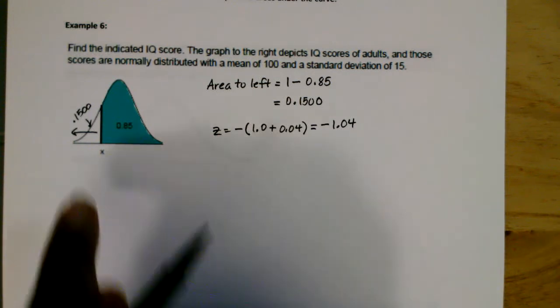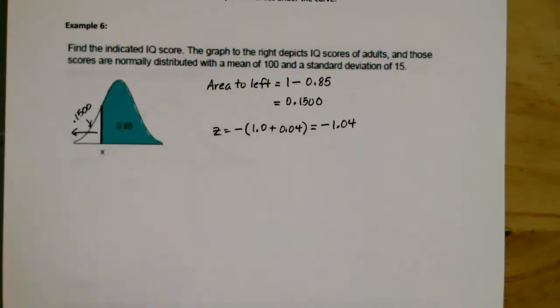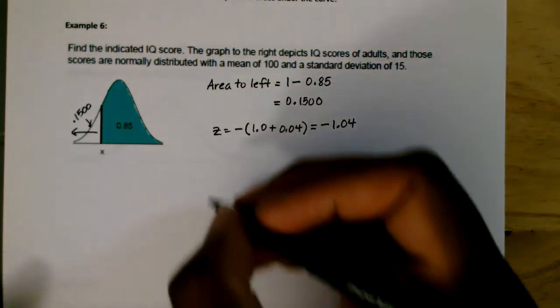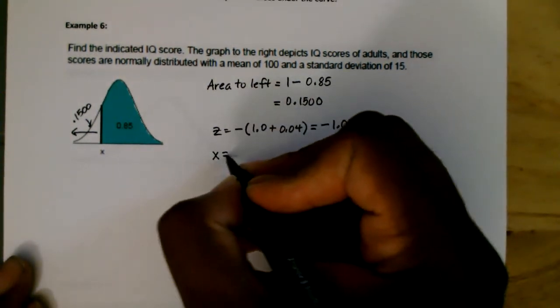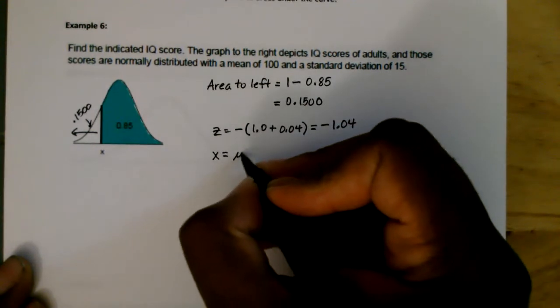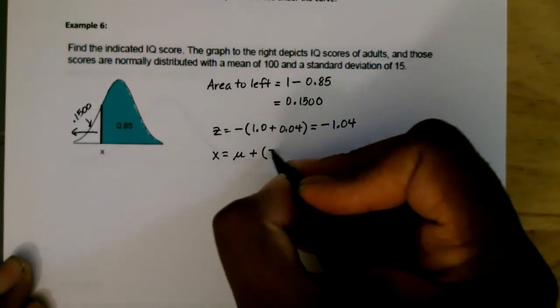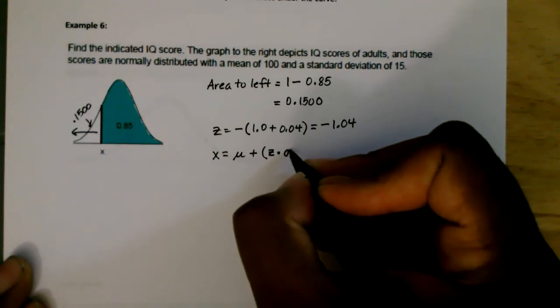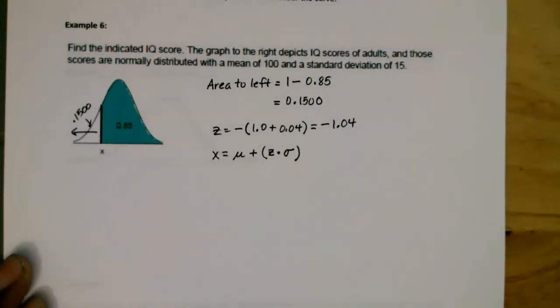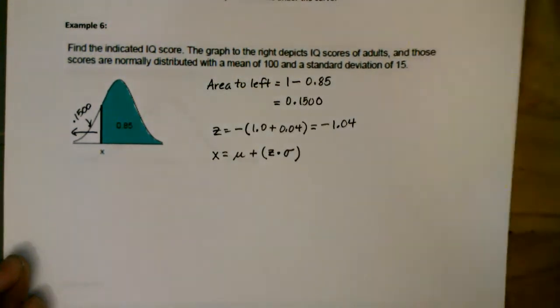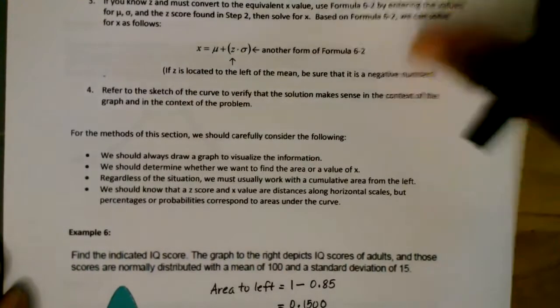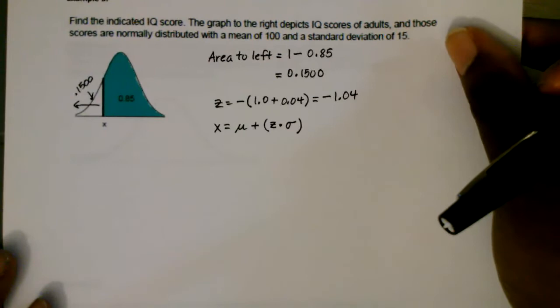But we're looking for the x value. That's the indicated IQ score. So that's where we use this formula here. x is equal to mu plus z times sigma. That's this formula that I just showed you right here. That's going to help us find that corresponding x value.